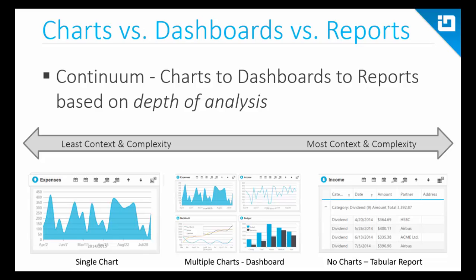It could be flat data, it could be hierarchical data, but it's not as easy to understand. It's not as easy to get summary data, and mostly because it's 100% text. We have to do all the work ourselves. So on this continuum, based on the depth of analysis that you need to do, is what you need to decide on what you're going to deliver to your end users for what they need.